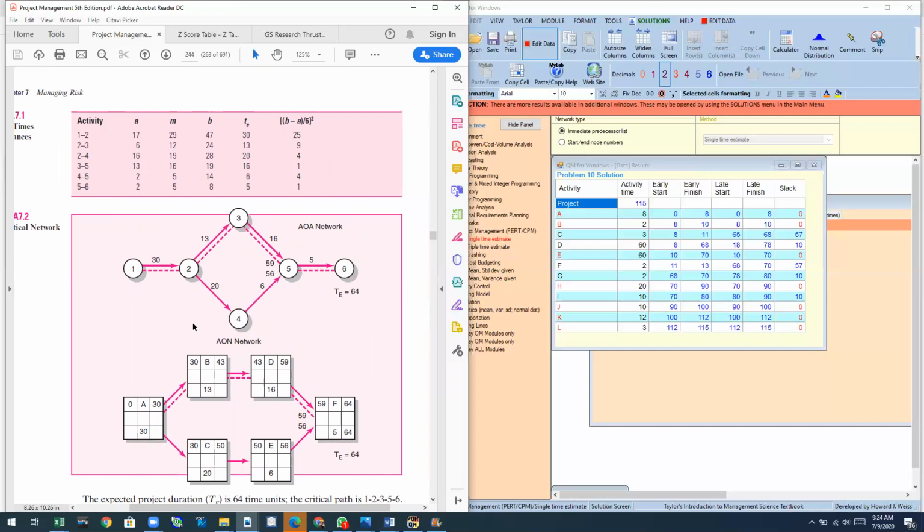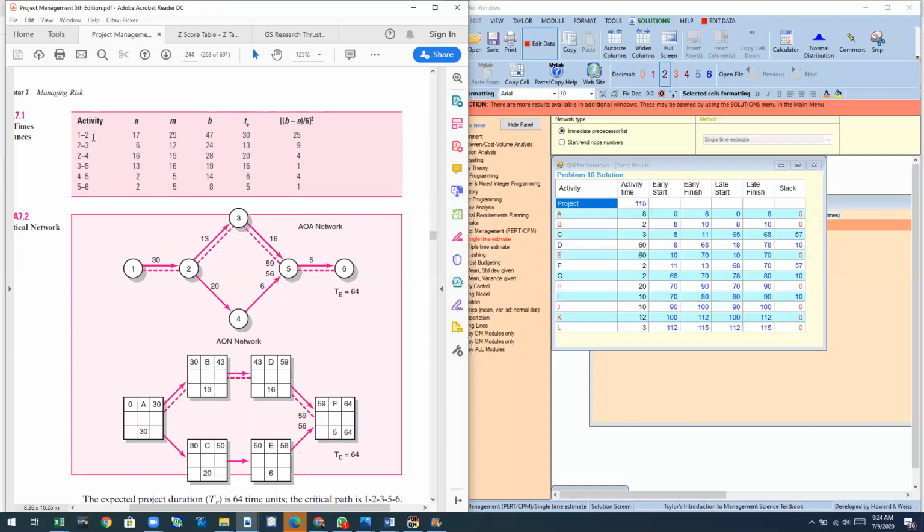Now go ahead and study chapter 7, especially the appendix for project evaluation review technique, and see how TE is calculated. TE is the weighted average of these 3 times. So you can calculate it manually. TE is the weighted average of the 3 times, while this one is the variance for each activity.